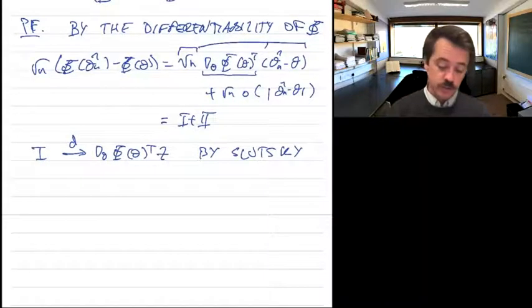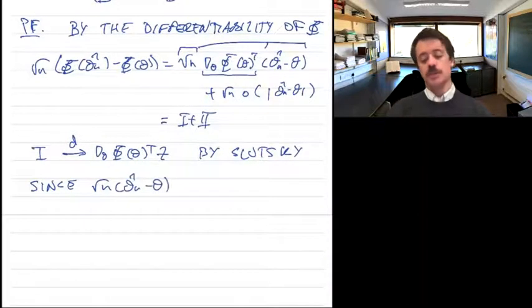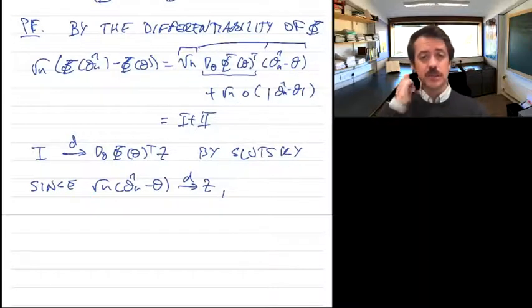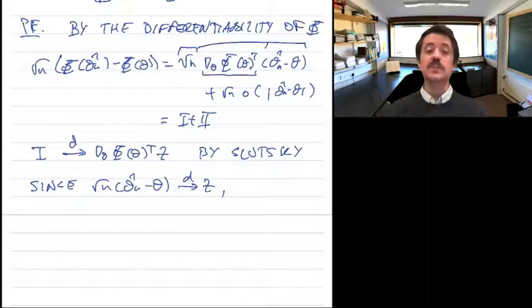Okay. So to show that, let me use again the convergence of these. This is converging in distribution to some Z. And now remember what this implies. Remember, the convergence in distribution doesn't give us convergence in probability, but it does give us boundedness in probability.